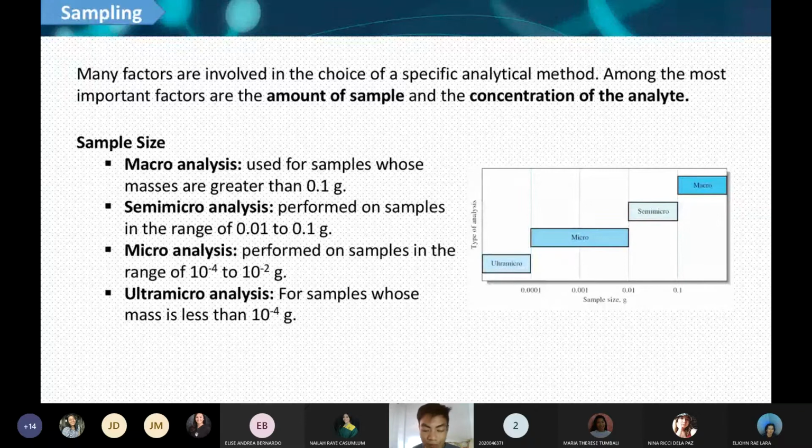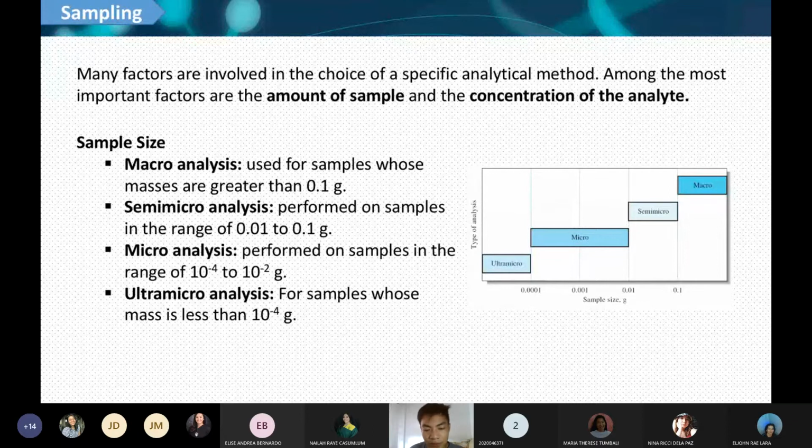So that means if you have samples greater than 0.1 grams, then that's called macro analysis. You can do the usual classical methods sa Anachem dyan. You can use titration, you can use gravimetry. So again, kapag malaki yung sample mo, greater than 0.1 grams, that's called macro analysis.